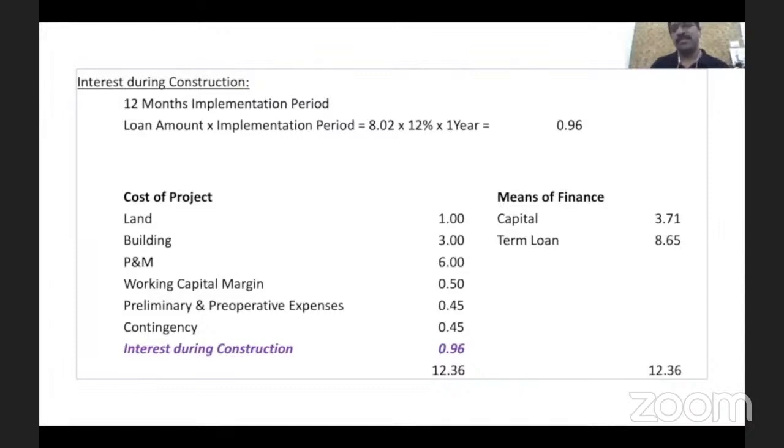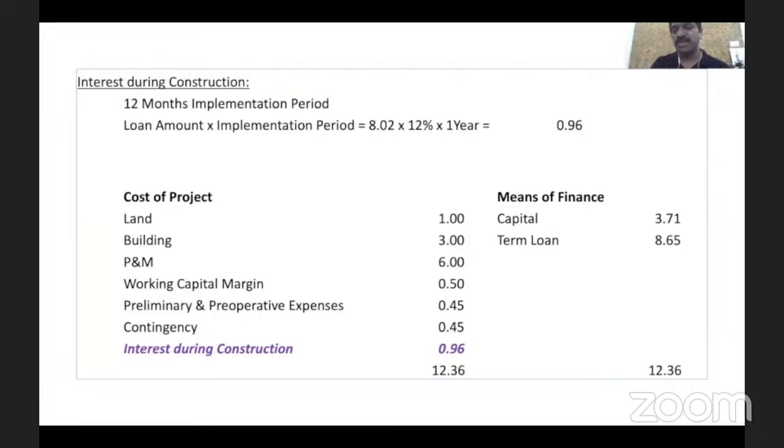See, what banks do is they freeze, or they have a cap on the maximum loan they can give. So the bank or the branch will say, see, our maximum is 5 crore. We will give 5 crore. Balance you somehow manage. If that is going to be the approach, in that way, you are going to give a loan to a project which demands 8.65 crore. I'm talking with reference to the present scenario.